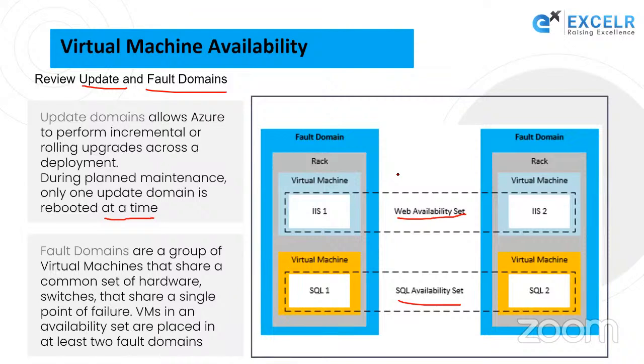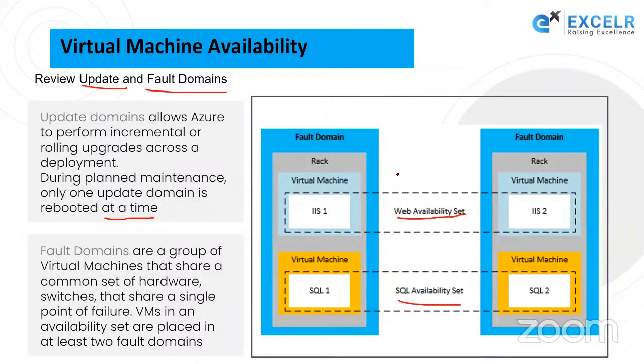Now, what does that mean? If there is a planned maintenance which is going to happen on your virtual machine, at any given point of time, only one update domain will be updated. The second domain, because you have to give at least two update domains, will not be affected by this planned maintenance.